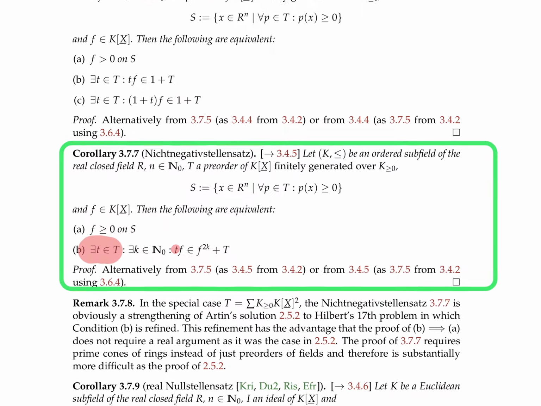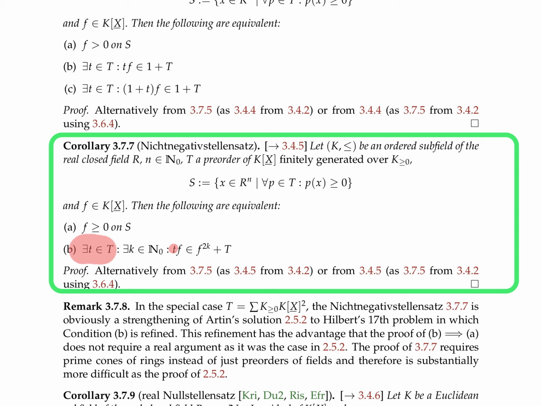Nicht-Negativ-Stellensatz, which worked in a very general setup, so even over real closed fields. So if K is an ordered subfield of a real closed field R, and I look at the polynomial ring over K, and when I take a preorder T that should be finitely generated over non-negative elements of K. So when I look at this, that's actually then a basic closed semi-algebraic set.